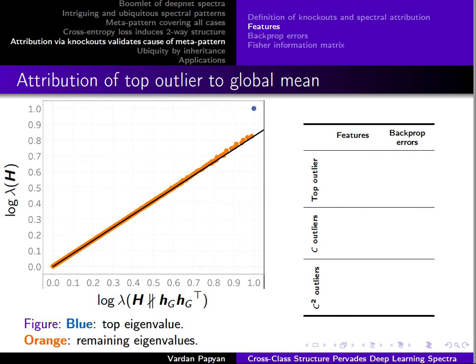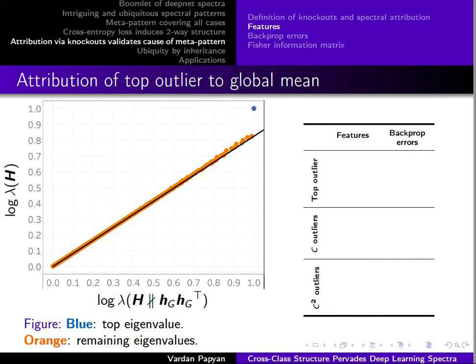There's a single eigenvalue which is above this line. What does it mean that it's above this line? If I project this point onto the y-axis, there is a very large margin, which means this eigenvalue is in fact an outlier in the spectrum of H. However, if you project it onto the x-axis, there's no longer any margin.